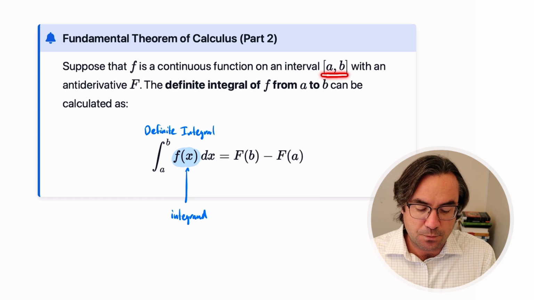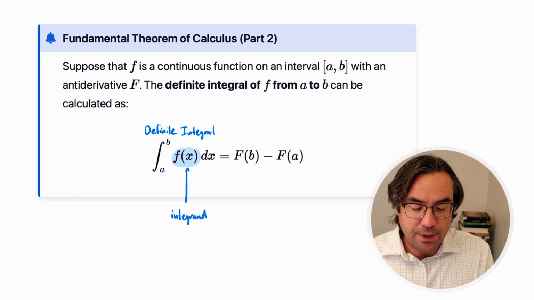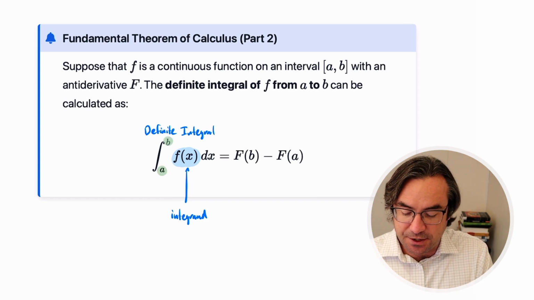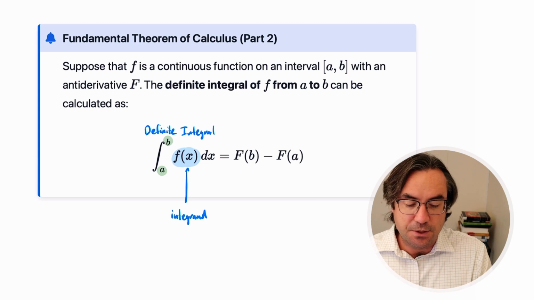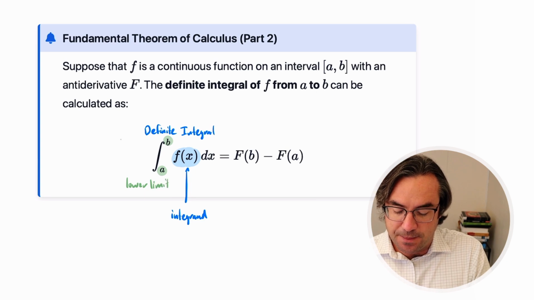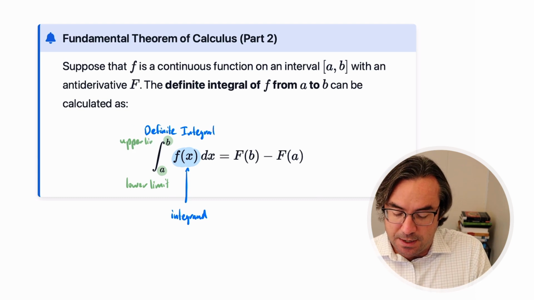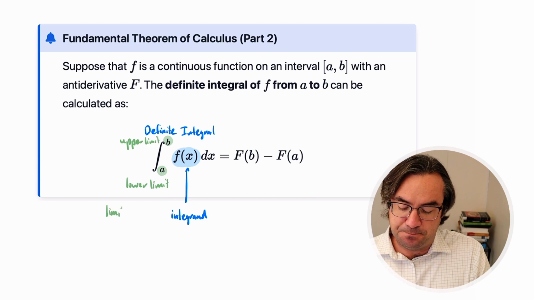And we're looking at this closed interval from a to b. So we have these limits of integration. We call a the lower limit of integration, and b the upper limit. Together, they're the limits of integration.